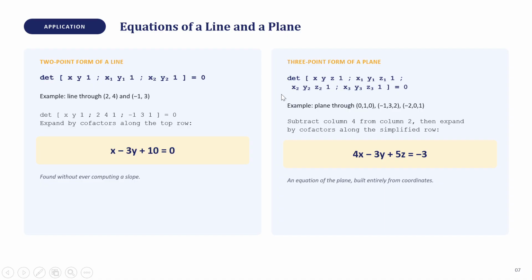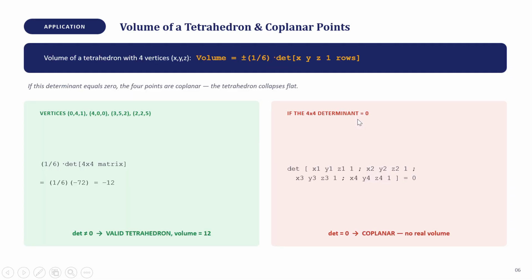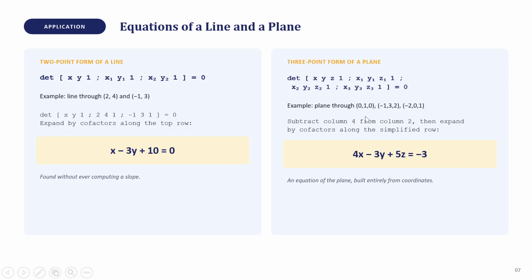And then if you try to have a 3-point form in a plane, we have vertices 0, 1, 0, and then 1, negative 1, 3, 2, 0, 1.